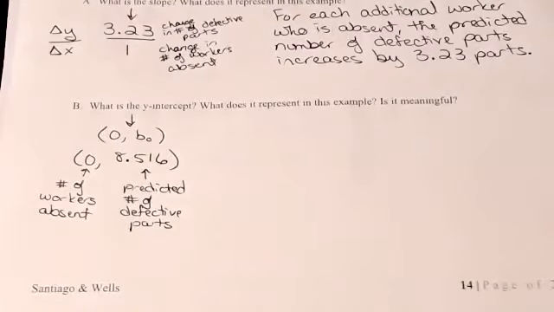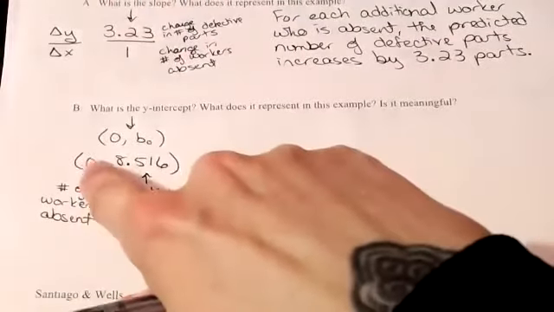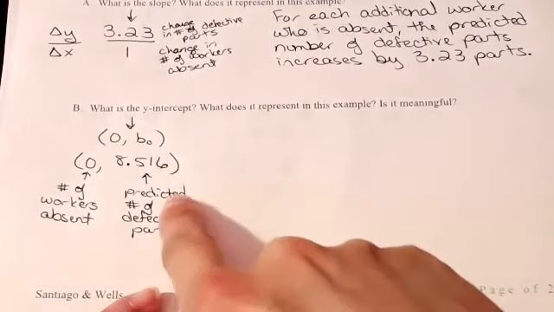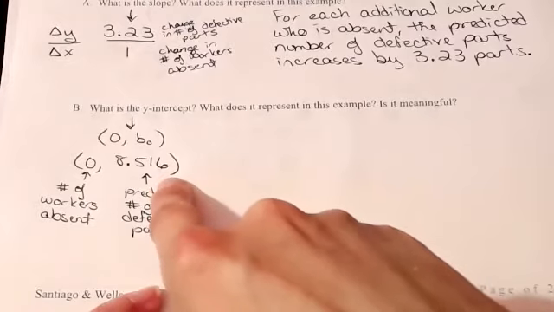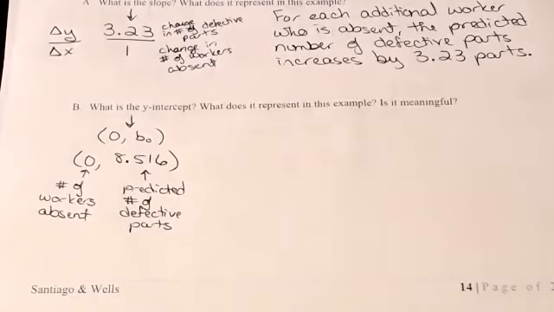Okay, and now we want to write down what does it represent in this example and is it meaningful? What this is telling us is that when there are 0 workers absent, the predicted number of defective parts will be 8.516. I want you to be really careful when you describe slope versus an ordered pair, right?